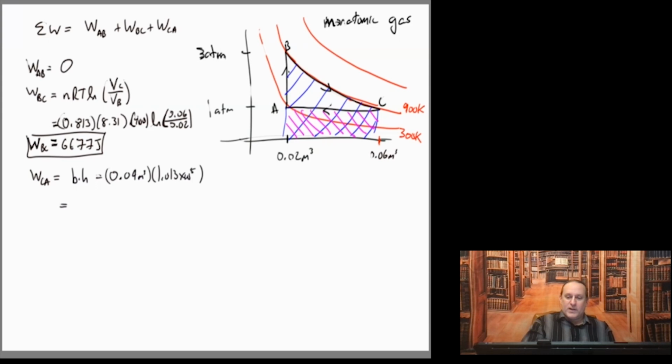That's 4,052 joules, but we have to be careful because since we are moving to the left, this is negative work. Okay, because we're moving to the left.